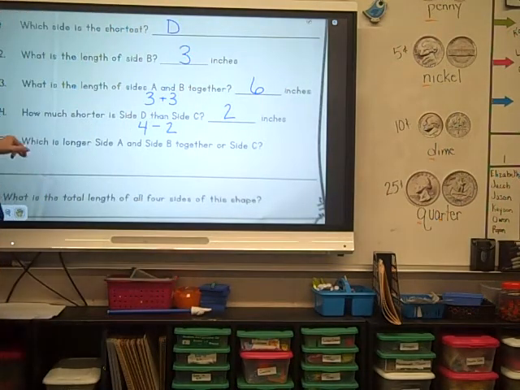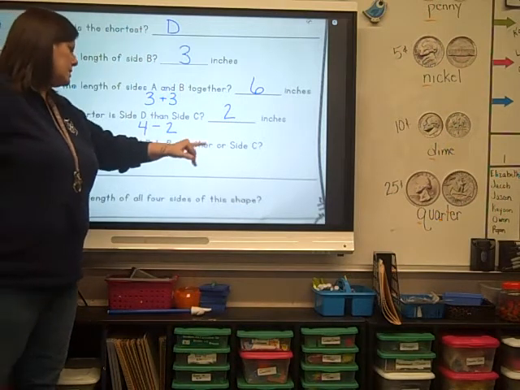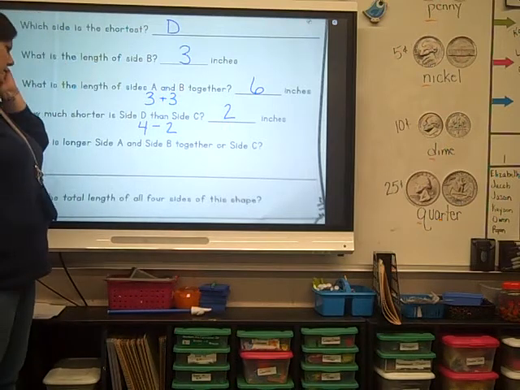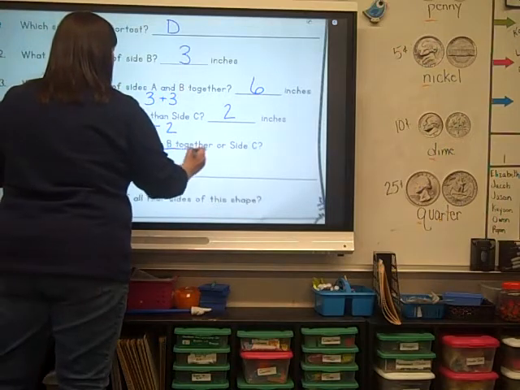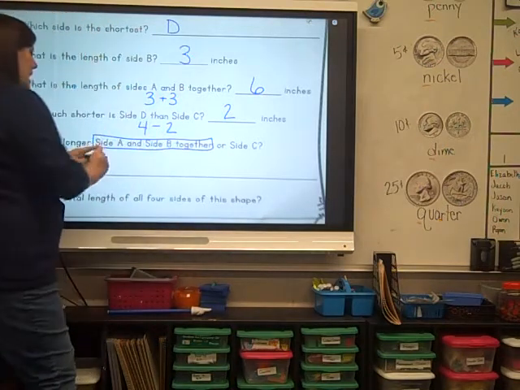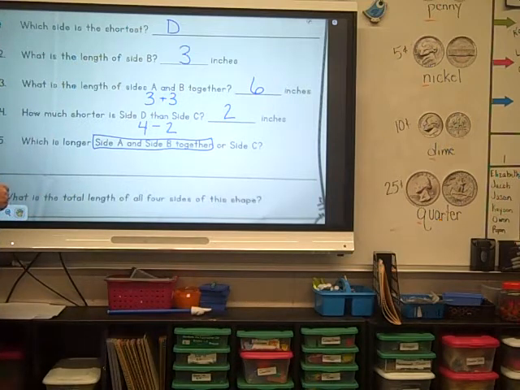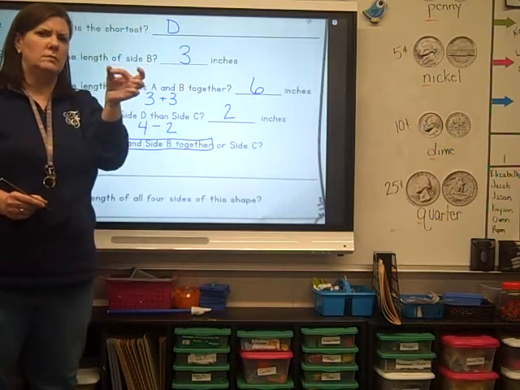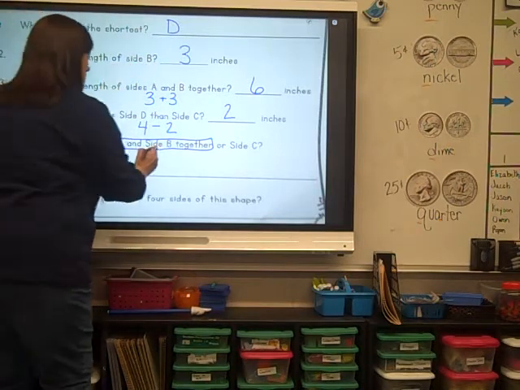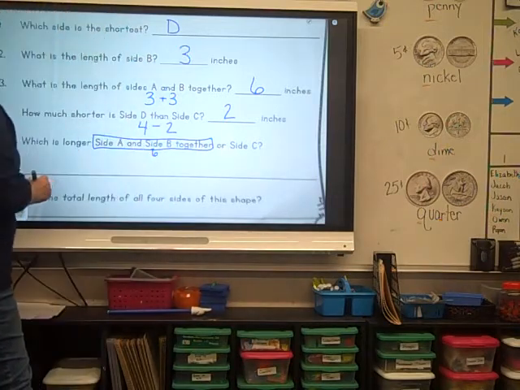All right. Number 5. Which is longer? Side A and B together or side C? Oh, goodness. Well, let's look here. Side A and B together. So what is A and B together? Look up here. A is 3 and B is 3. So A and B together, 3 plus 3 is what? It's 6. So I'm going to put me a little 6 there. Or side C. Side C is 4 inches.